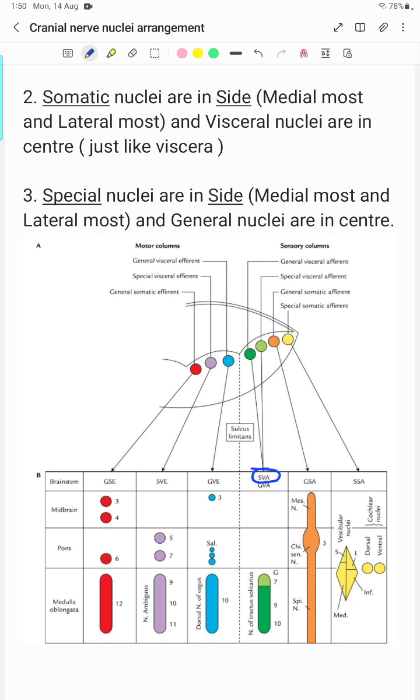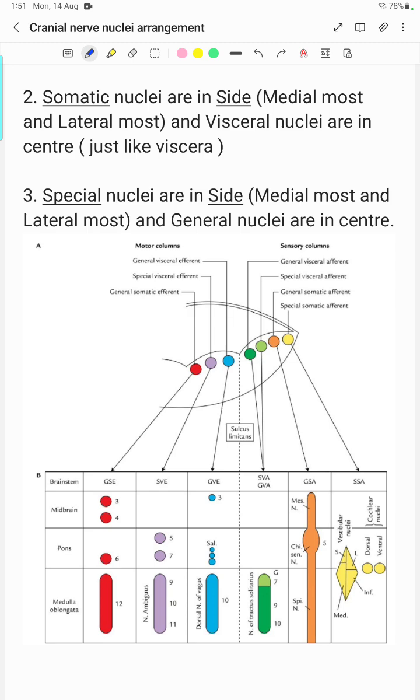As compared to that, there is special somatic afferent also, which is the special sense sensed by our ear. Ear develops from ectoderm, so it is somatic. If something develops from endoderm, then it's visceral, like our taste sensation. But information about balance and information about hearing is a special sensation, but it is a somatic sensation, as structures of the ear develop from ectoderm.